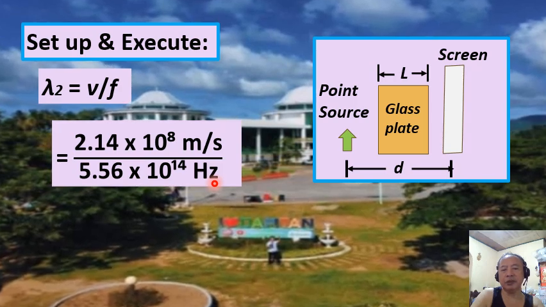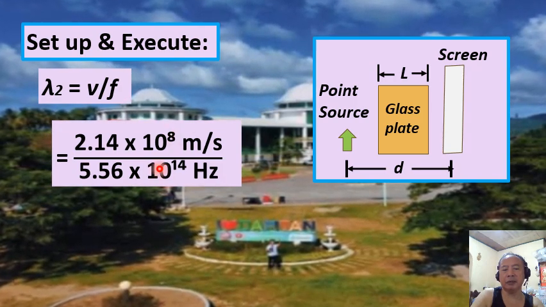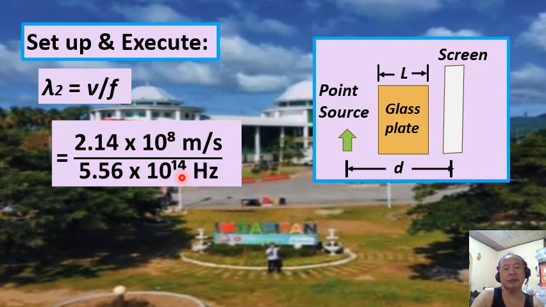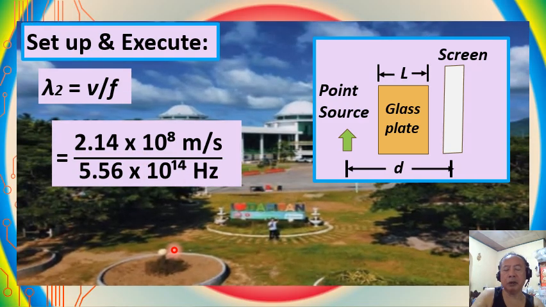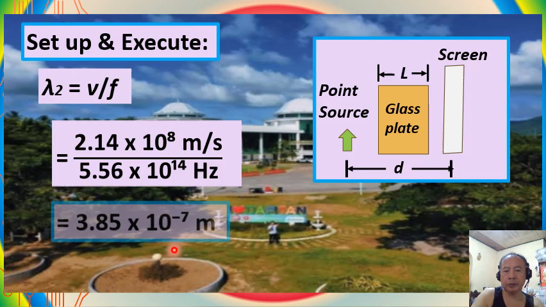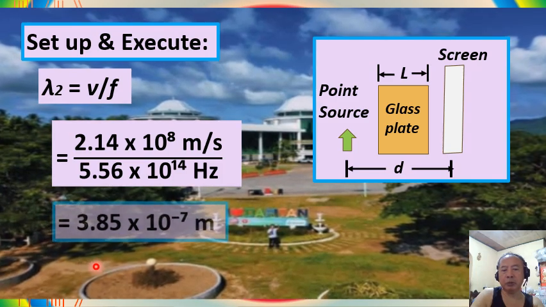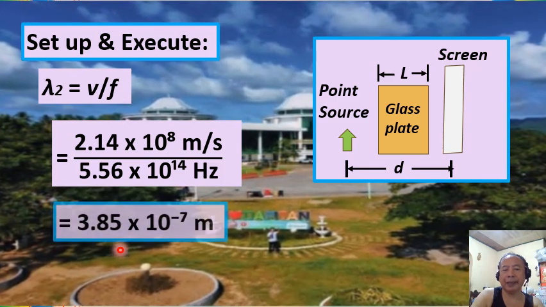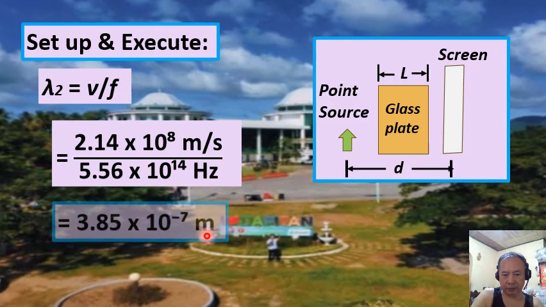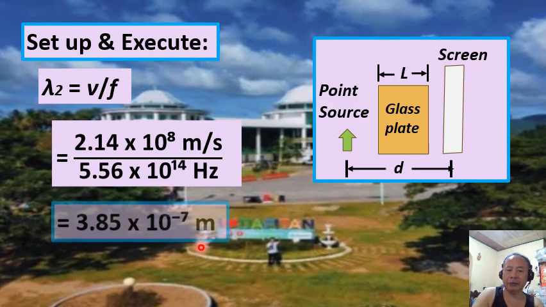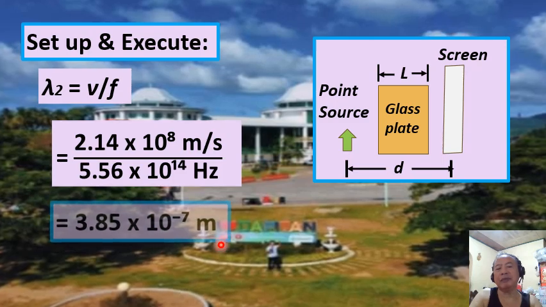That is the frequency of light earlier calculated. So again, dividing these two quantities, we arrive at the value of lambda 2. Lambda 2 equals 3.85 raised to the negative 7 meters, rounded to three significant figures.